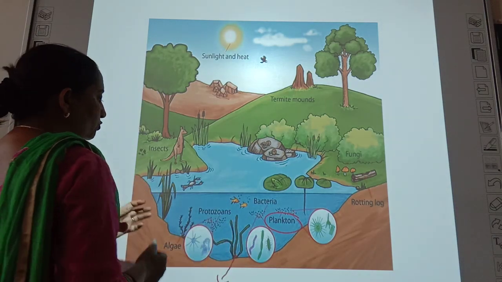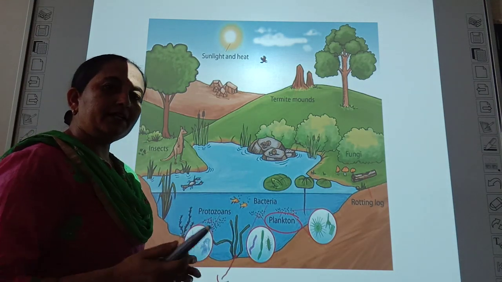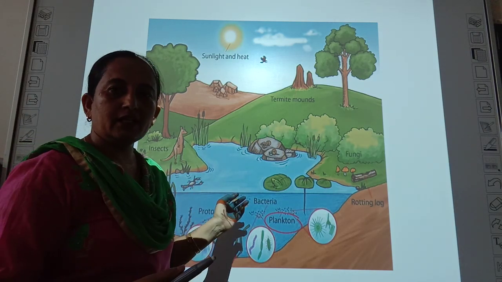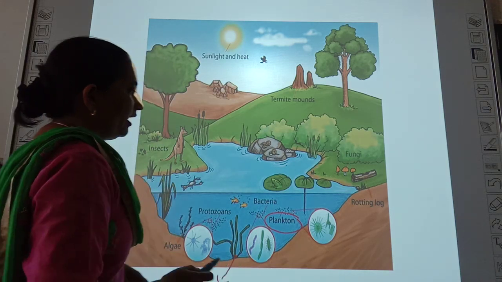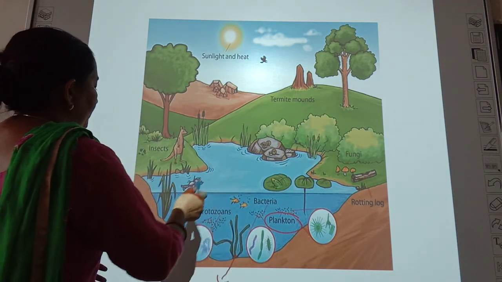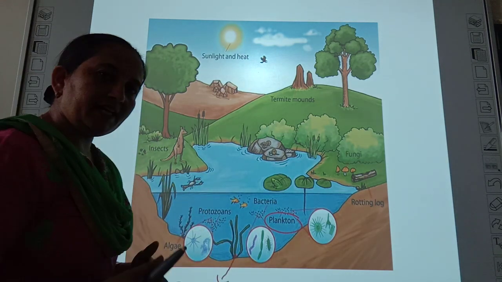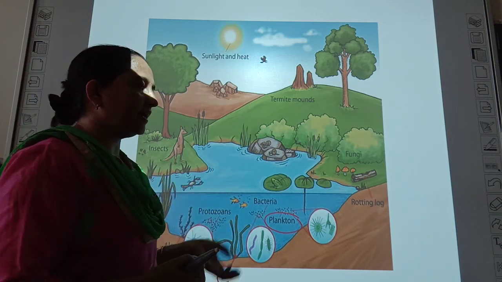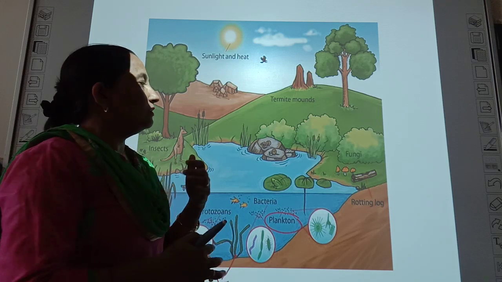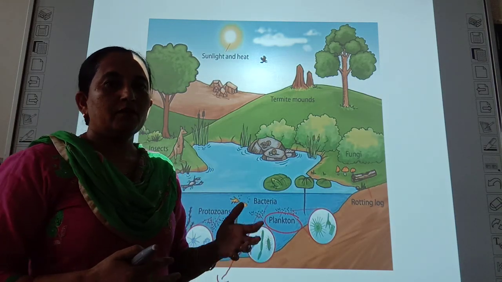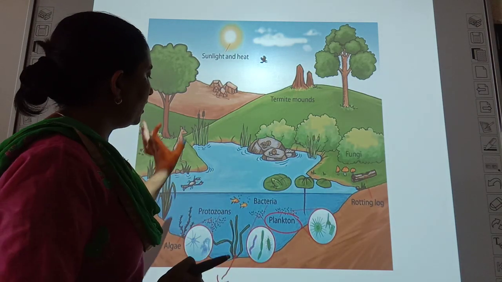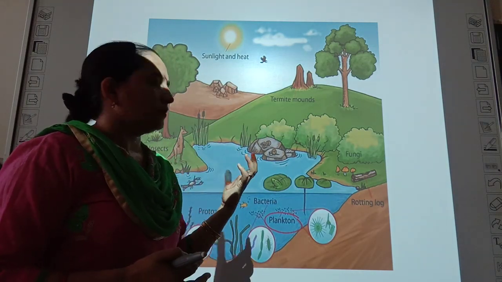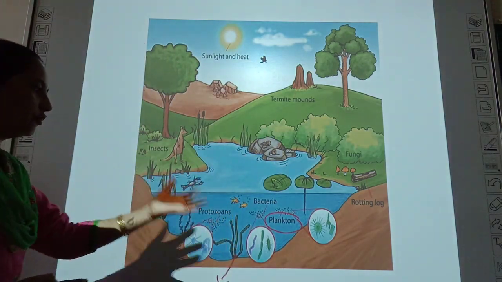And zooplanktons in turn are eaten by many other organisms living in the water, and these may in turn be eaten by many insects, and those insects are eaten by the fishes, and fishes may be eaten by many other larger organisms present in the aquatic food web.